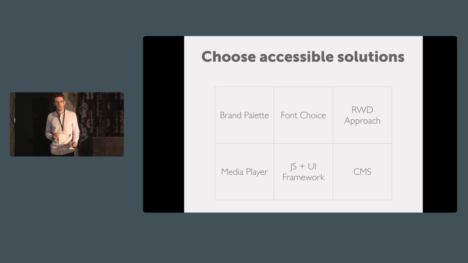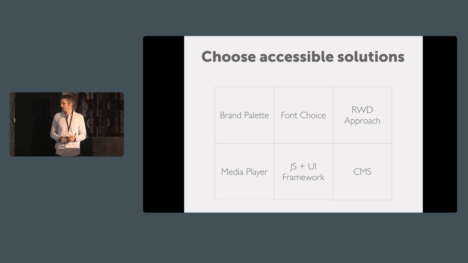Are you going to take a responsive web design approach? And if not, how are you going to create a more adaptable website so people can resize things? If you've got video on the site, have you identified an accessible media player? People quite often get quite far down that road and then realise, actually we need to completely redo that because we've made the wrong choice.